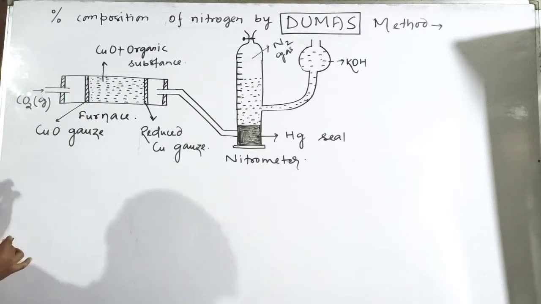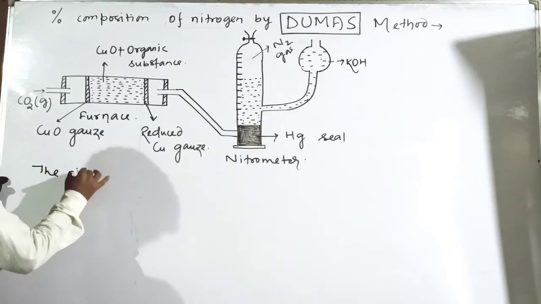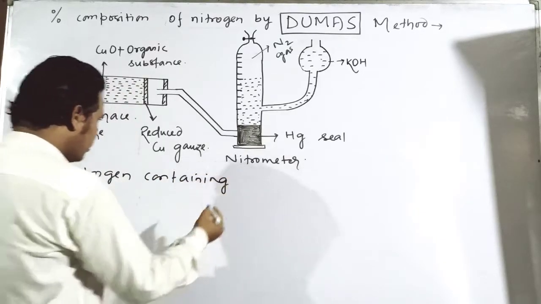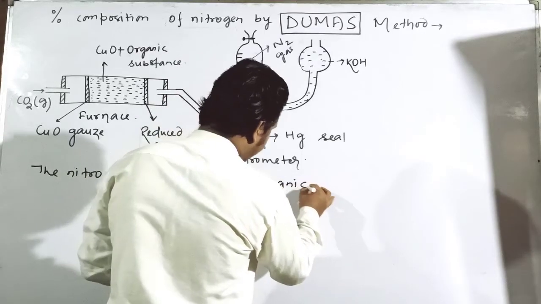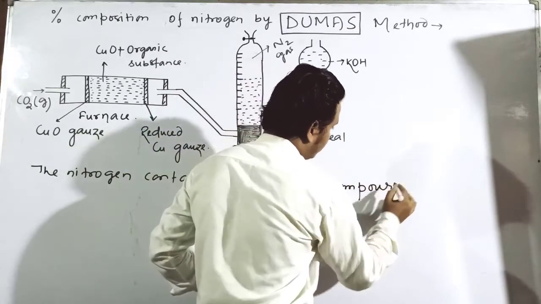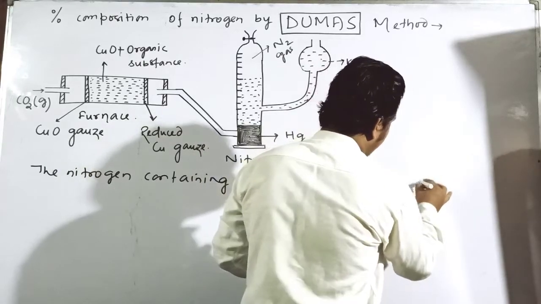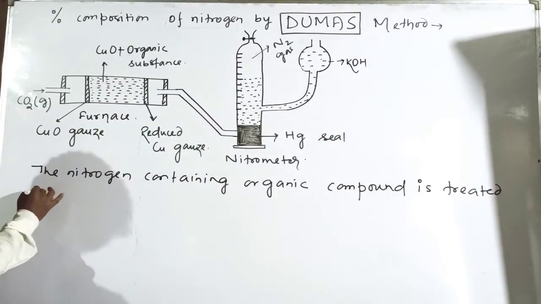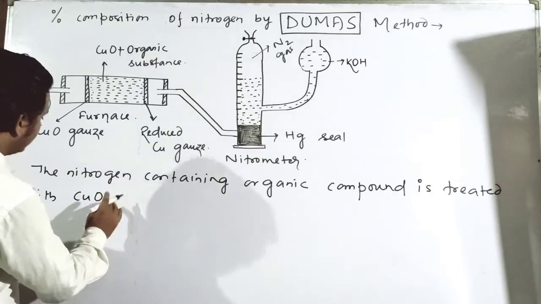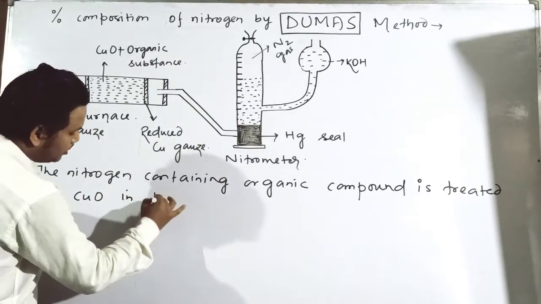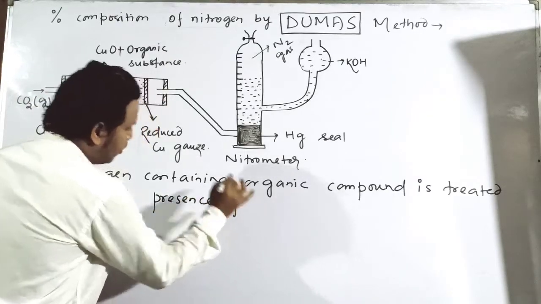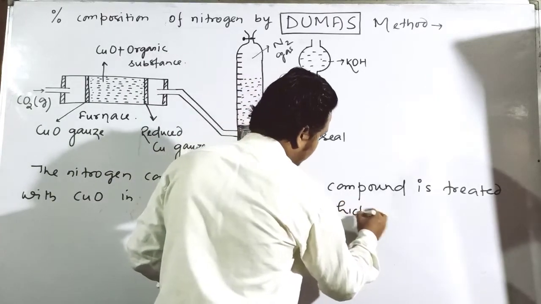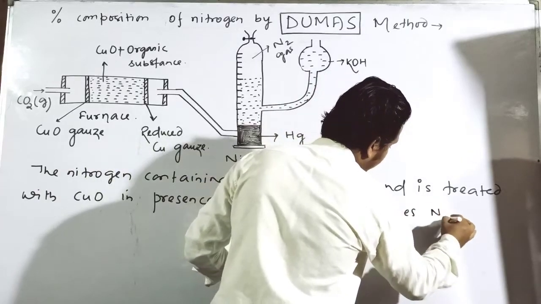The nitrogen containing organic compound is treated with copper oxide in presence of carbon dioxide gas, which gives dinitrogen gas.